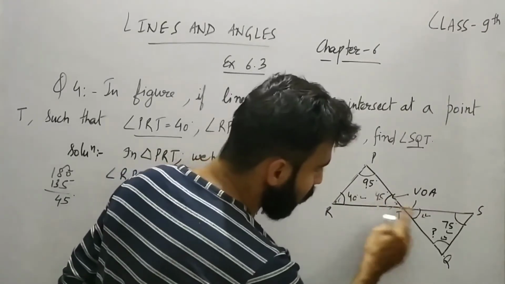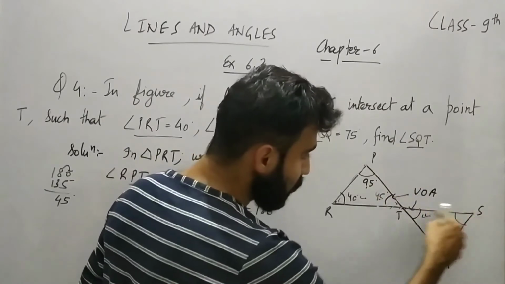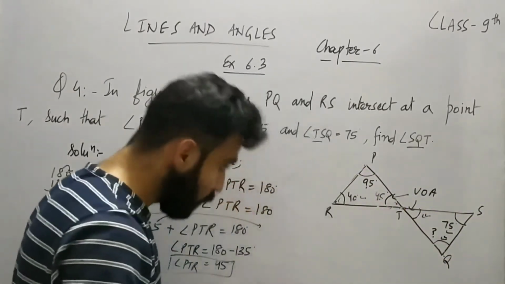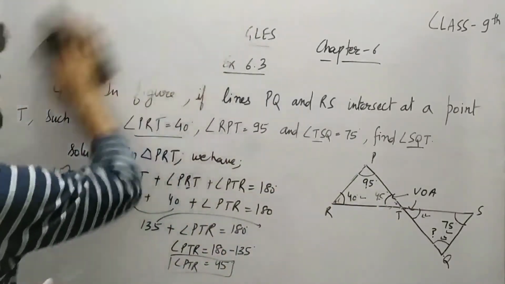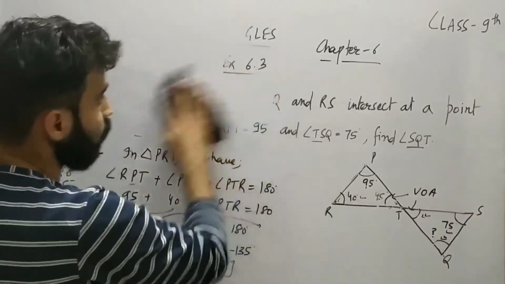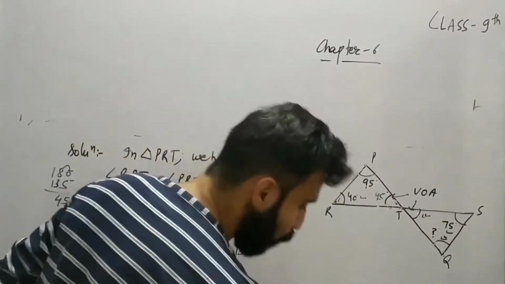You can see both angles are vertically opposite angles, that means they are equal. So angle STQ is going to be equal to PTR. Let me rub the space above here. I'm going to rub all this question because we know what we have to find out, this angle. Let me rub this also so that there will be more space.